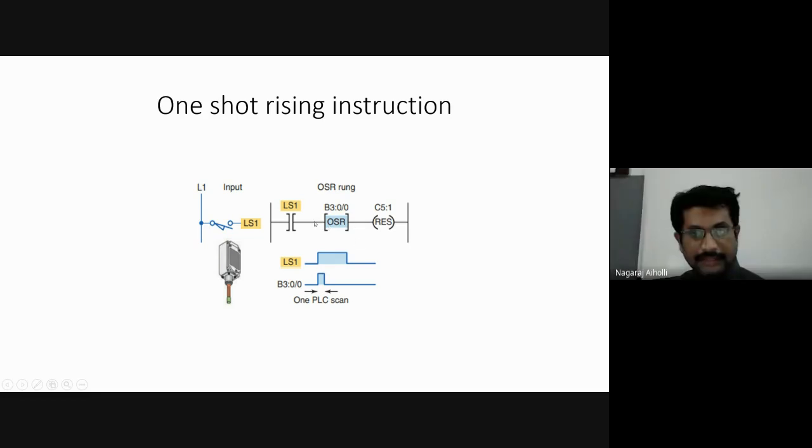The reset instruction becomes true, and it is going to remain high for only one PLC scan time. Even though the limit switch is in closed position, even though the event is triggered, this OSR instruction is only for one scan time, remember. After one scan time, again it goes from high to low. Okay, that is clear from this timing diagram, right?